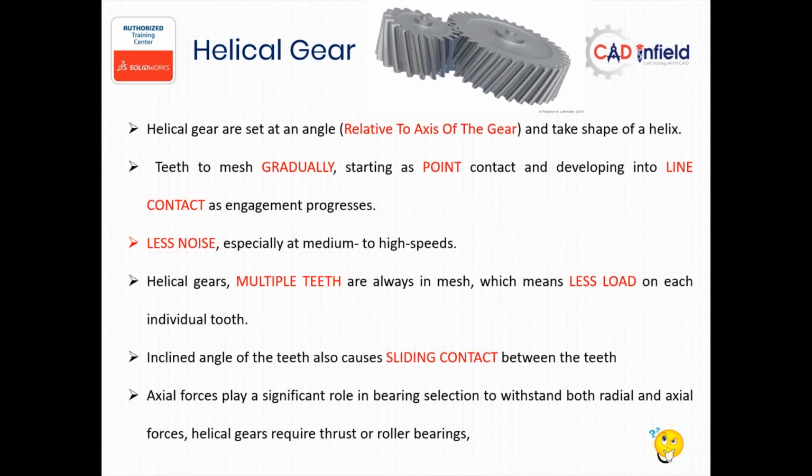I have told you that in a spur gear, engagement happens surface to surface with one tooth at a time. But in a helical gear, the teeth are cut at an angle along the axis. Understand, the profile remains the same, but the teeth are cut at an angle with the axis of the shaft.